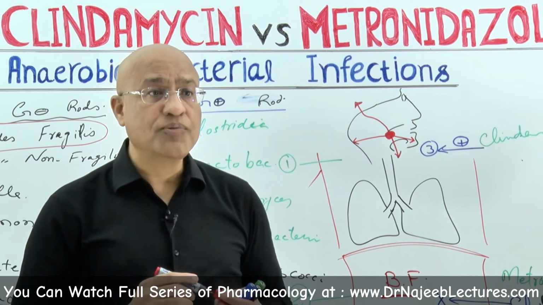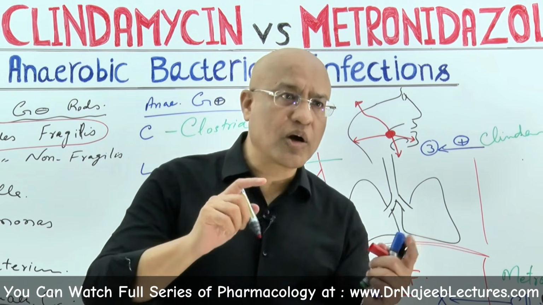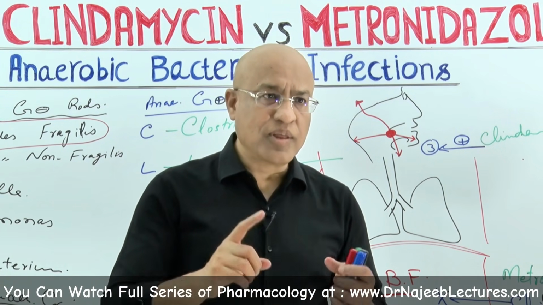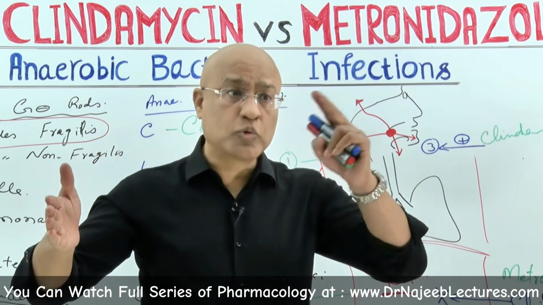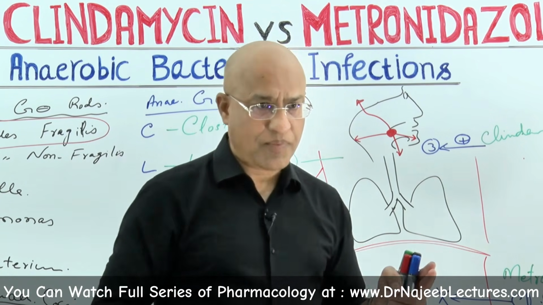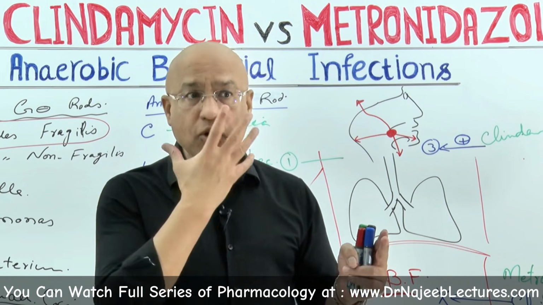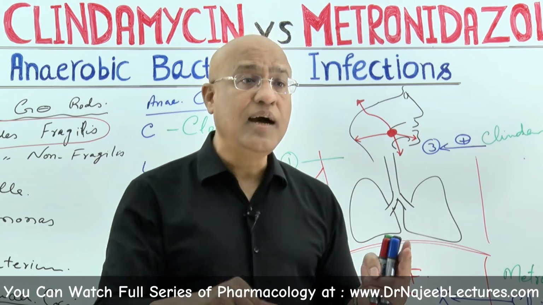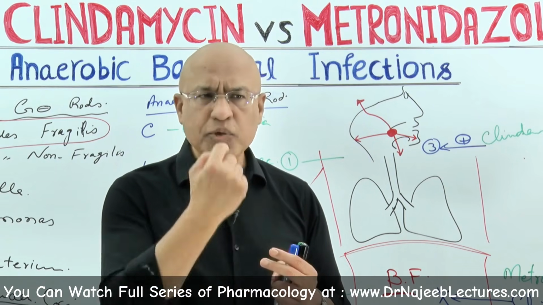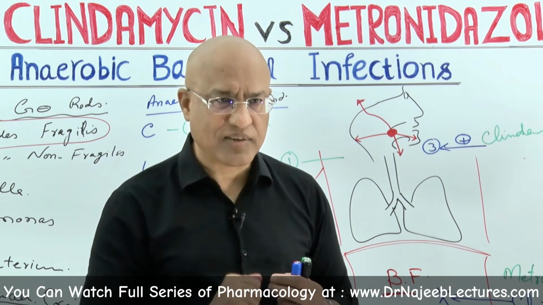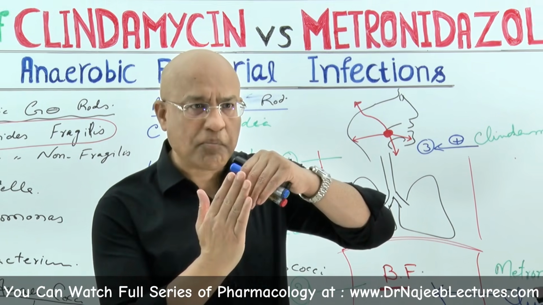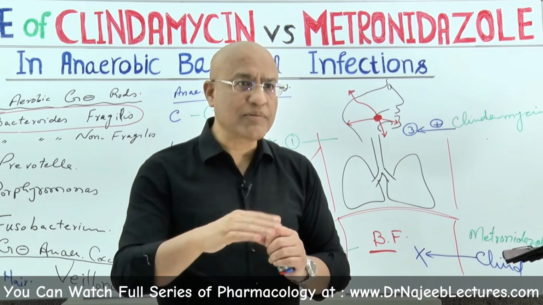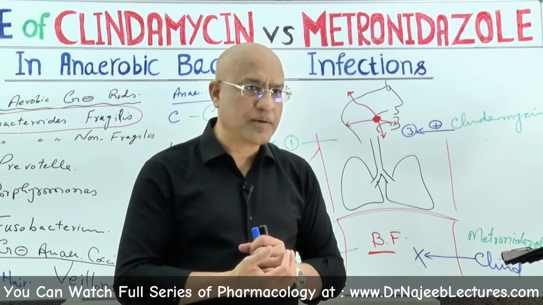You know the ratio of anaerobic to aerobic organisms in the oral cavity, the ratio between anaerobic to aerobic is 10 to 1. It means in the oral cavity, anaerobic bacteria are 10 times more than the aerobic bacteria. And if you go to gingival crevices, between the margin of the gums and the teeth, there's a relatively more anaerobic environment.